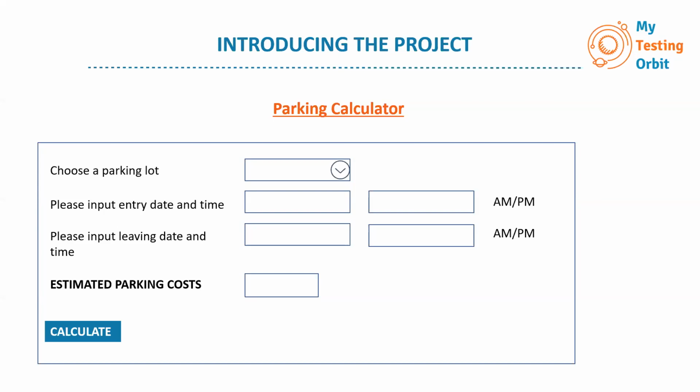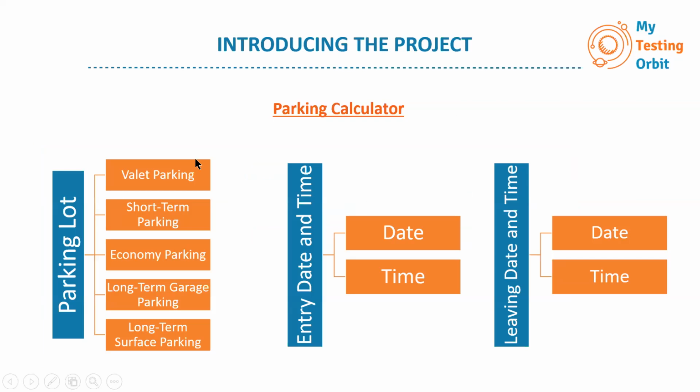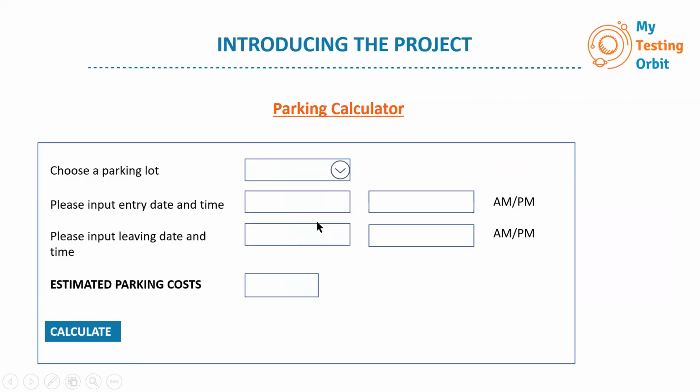We have imagined how it will be. And it shows that there will be a drop down field for choosing a parking lot, and maybe all the parking lot options which we discussed will appear over here.